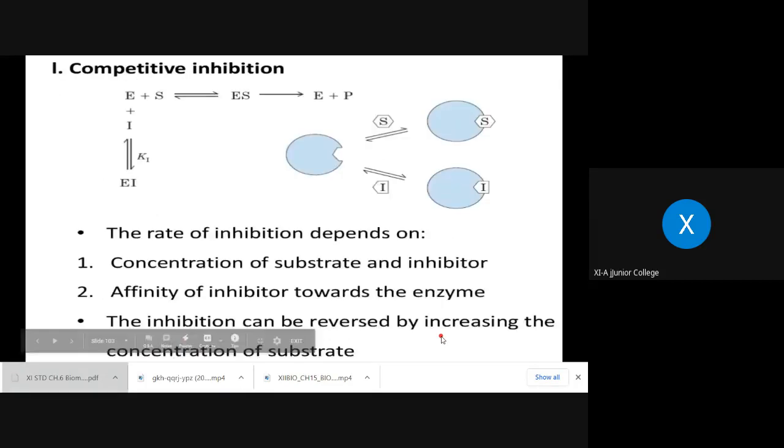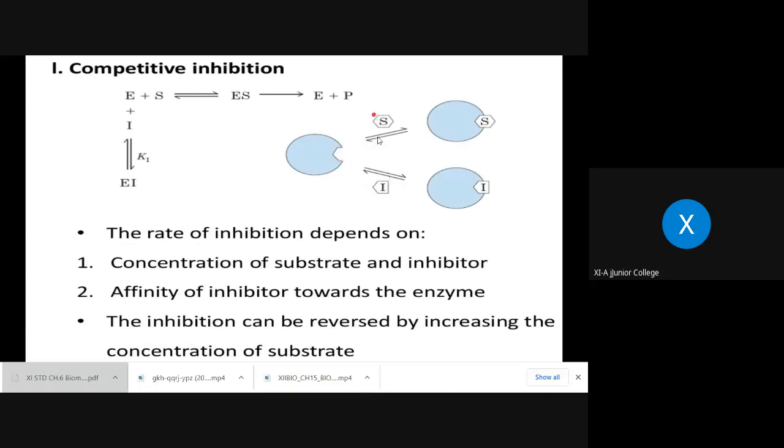Now, what is competitive inhibition? With the help of the diagram also you can understand. Here, this is the enzyme, this is the active site, this is the substrate, and this is the inhibitor. You can see the shape of the substrate, the shape of the inhibitor and the shape of the active site of the enzyme. Now, both the substrate and inhibitor are a little bit similar in shape, which can fit the active site of the enzyme.